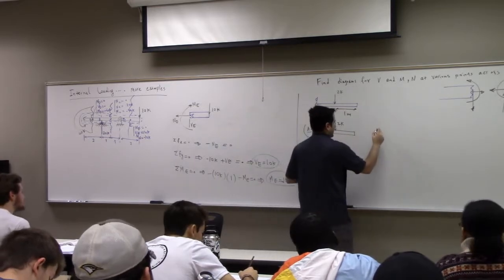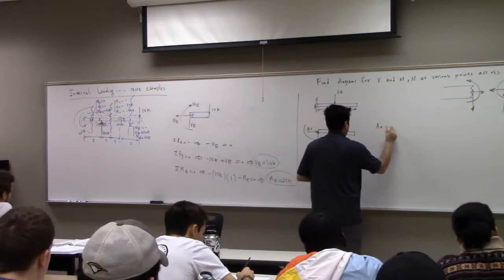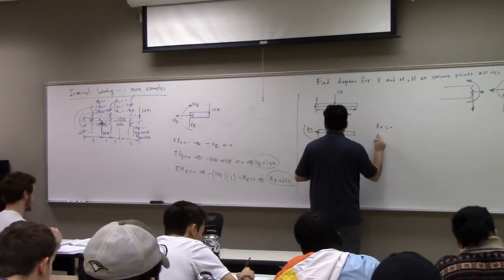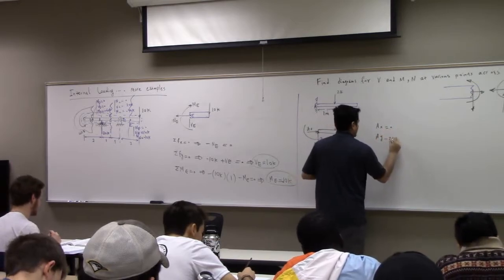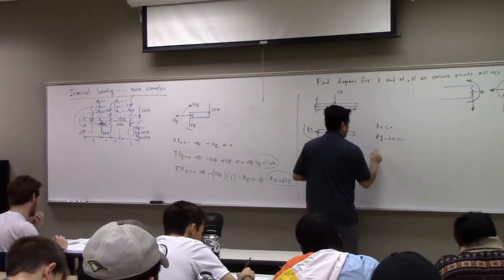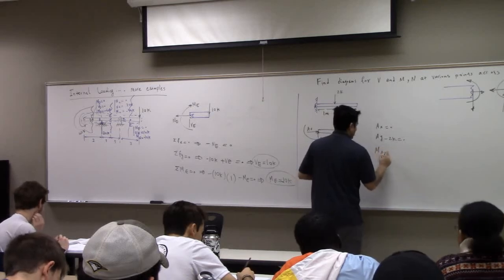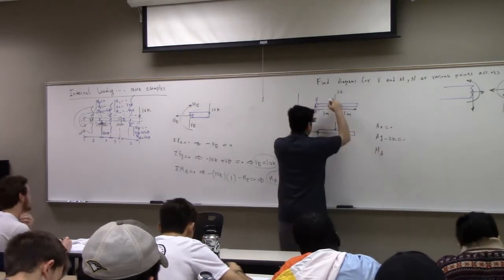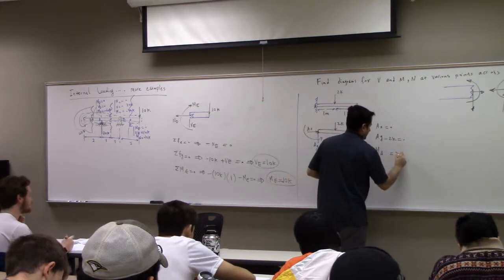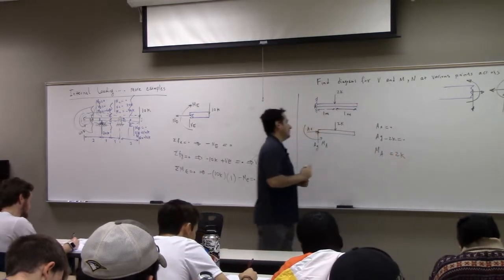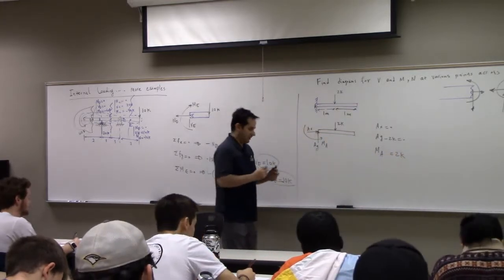Then you can say AX is equal to 0, summation of force in X is 0, AY minus 2K is 0, and for MA, from here to here is 1, so MA is equal to 2K. Right? So you have that.